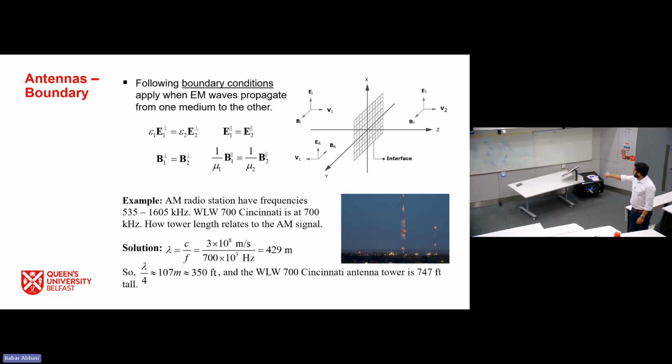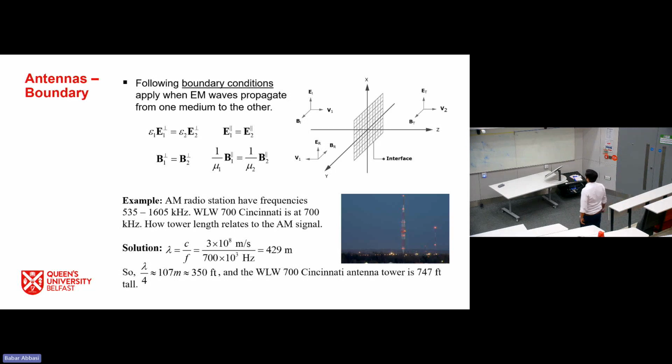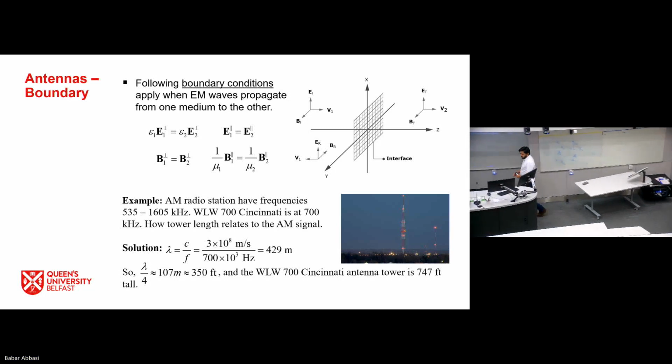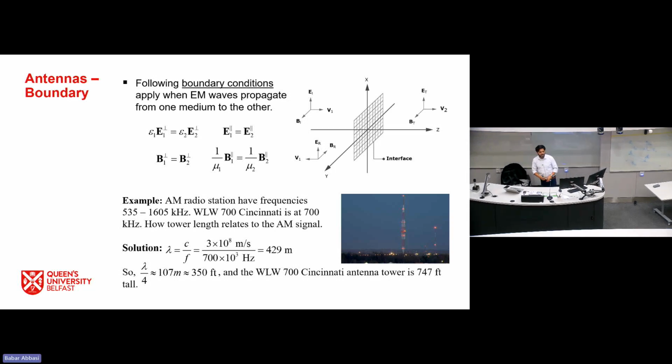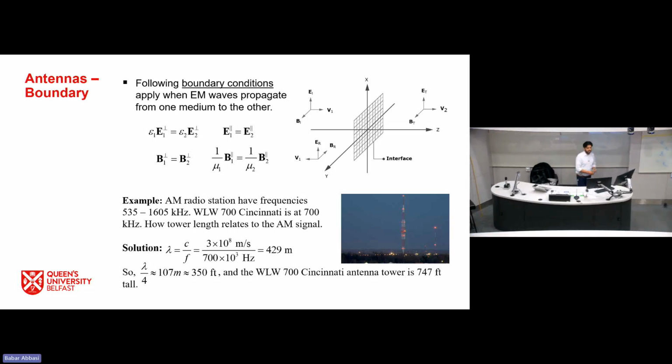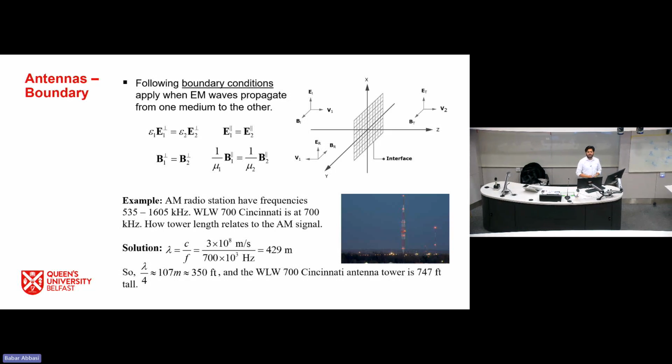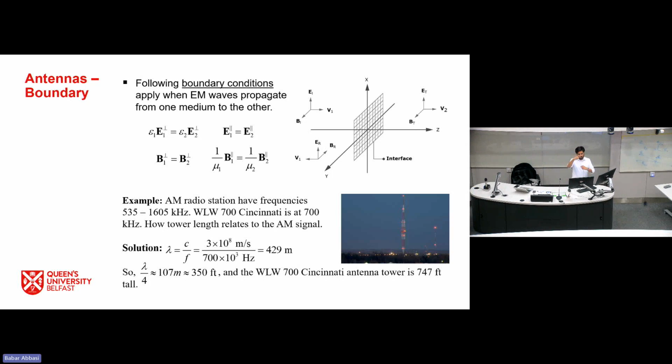And any receiver that can catch this signal will be able to catch this signal. So this is just to showcase the very clear relationship between the length of antennas, or actually the dimension of antennas, and the frequency of their operation.